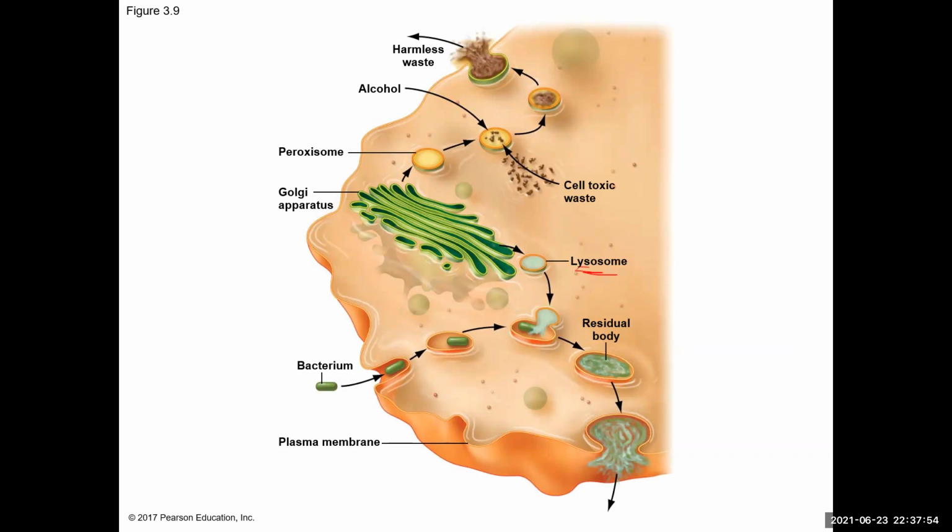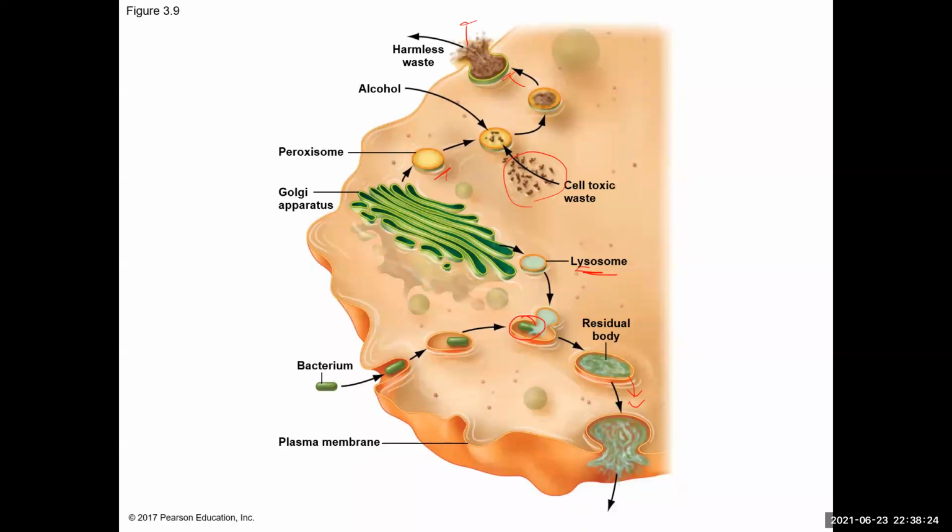So you have your lysosome. This one is taking up a bacterium that it's going to break down, and then it basically turns into a secretory vesicle where it ships out that material. Here you have a peroxisome that is taking up cell waste, breaking it down, and then turning into a secretory vesicle to release those harmless wastes out into the extracellular environment.